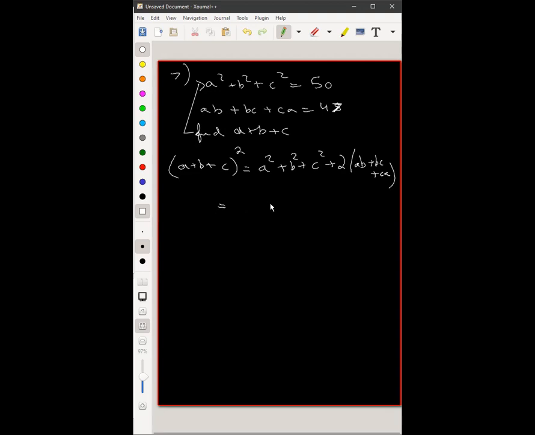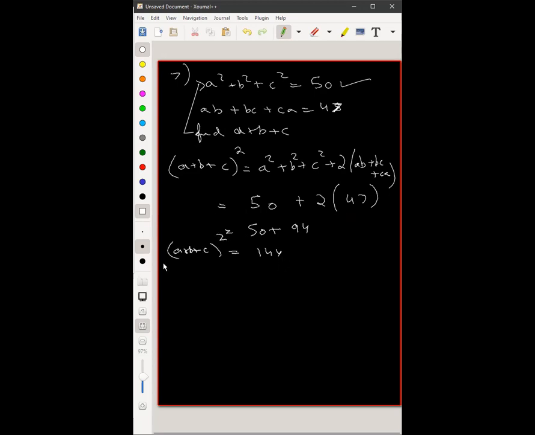Which is a square plus b square plus c square, that is 50, plus 2 into ab plus bc plus ca, that is 47. Which works out to be 50 plus 94, 144. So we have (a plus b plus c) the whole thing square is 144.